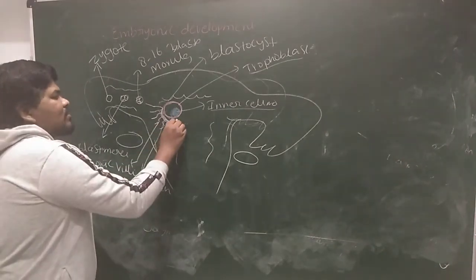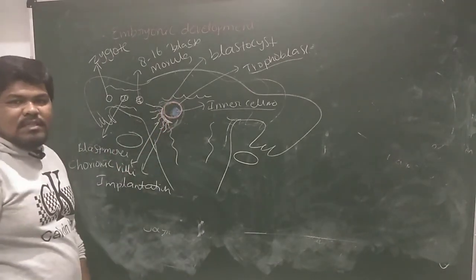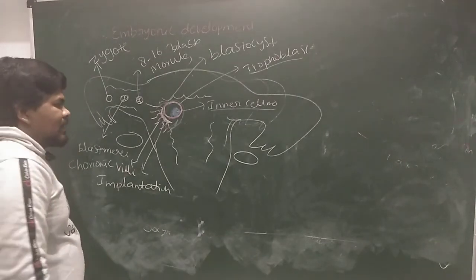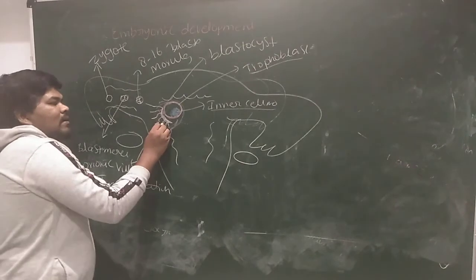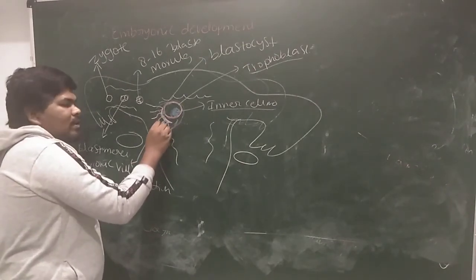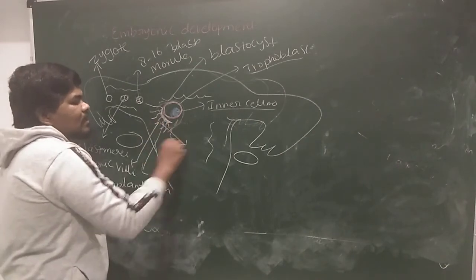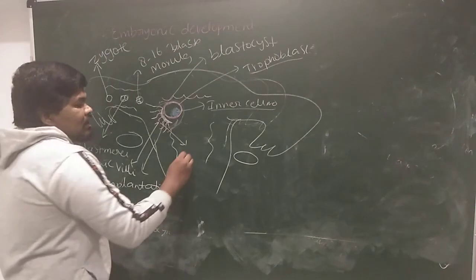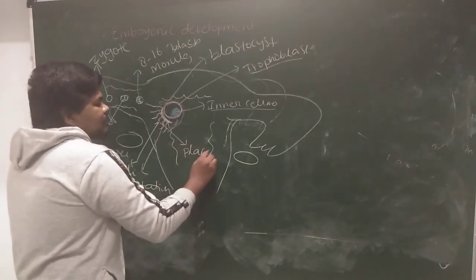After that, uterine tissue will grow and the blastocyst is embedded inside the uterine endometrium. Next, the chorionic villi of the trophoblast or embryo combine with the uterine tissue and form the structural and functional unit between the developing embryo and the maternal tissue, which is called the placenta.